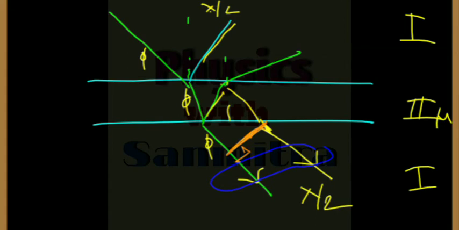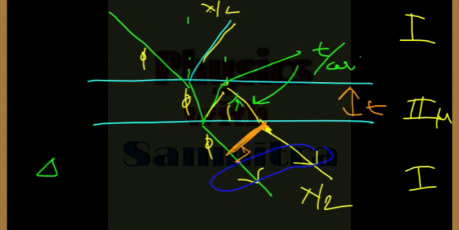This is the perpendicular distance, I can take t, and this individual will be t by cos r, because this angle is r. The same thing comes out to be delta x equal to 2 mu t cos r, and there will be no additional plus or minus lambda by 2. So this is the case for transmitted.